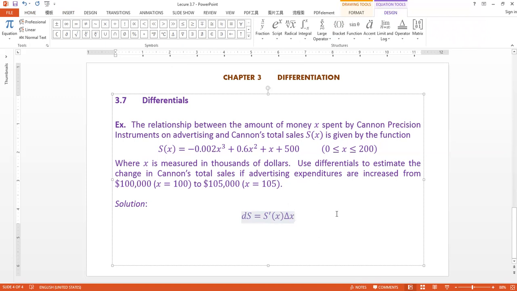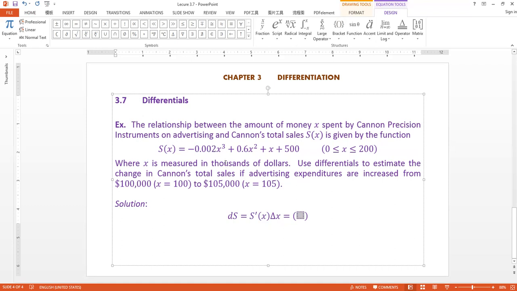Now, we can easily find the derivative of this function S. So let's just do it term by term. I guess we have done this many times, so I'm not going to write down all the details. When you take the derivative of the first term, you just take the derivative of x cubed times the negative 0.002.